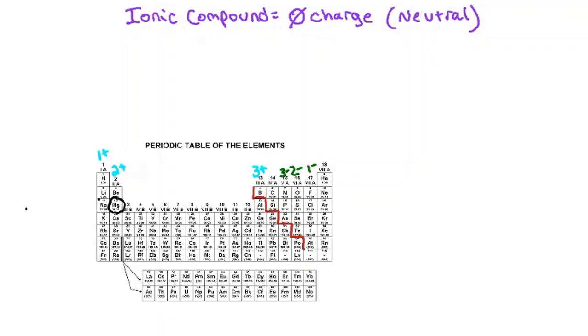Magnesium is down here as the metal, and that's in the column that has a +2 charge. And then we want to do magnesium and phosphorus. We want to put those together.